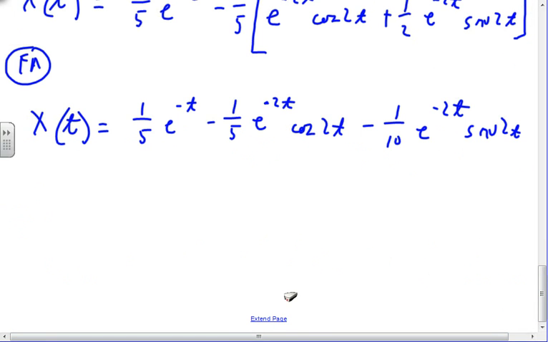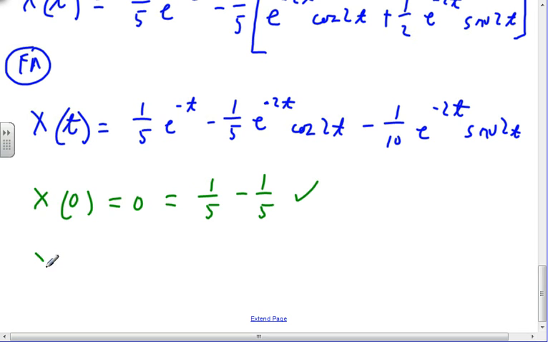Okay, time to check our work. X at 0 had better be 0, otherwise we're wrong. 1/5 minus 1/5. Check.